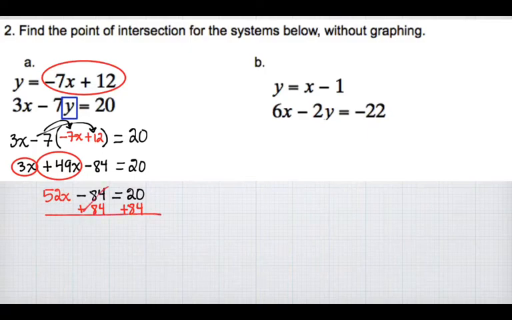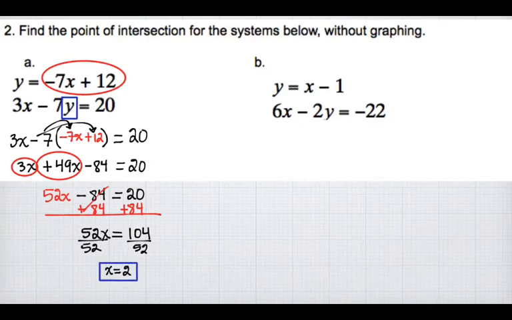Now I have 52x equals 84 plus 20 would be 104. At this point, I want the value of x, so I got to divide both sides by 52. And when I divide both sides by 52, I find that x equals 2.